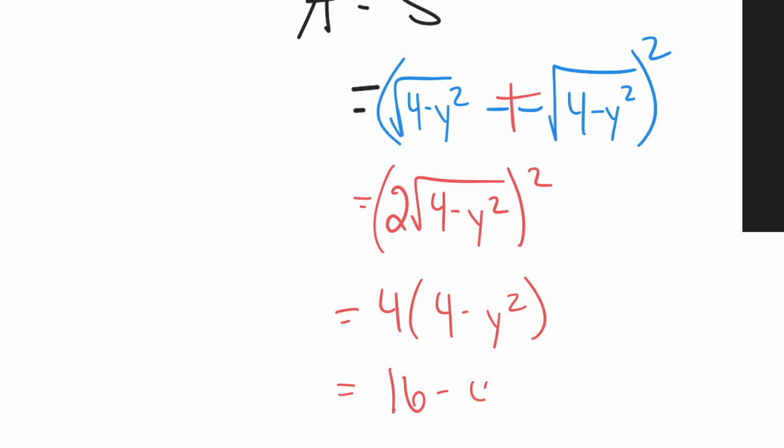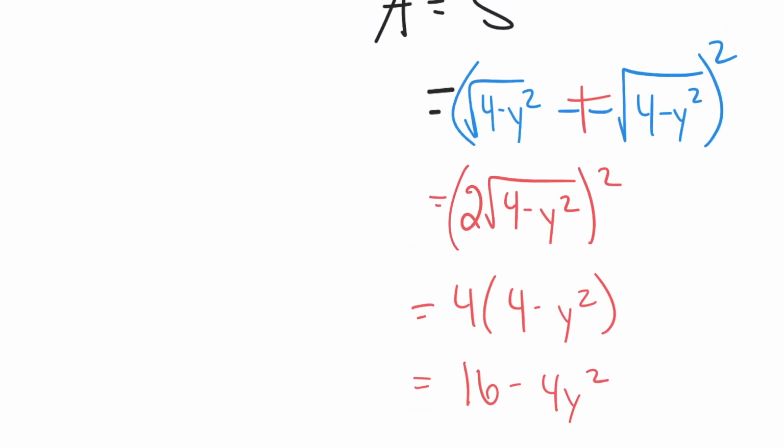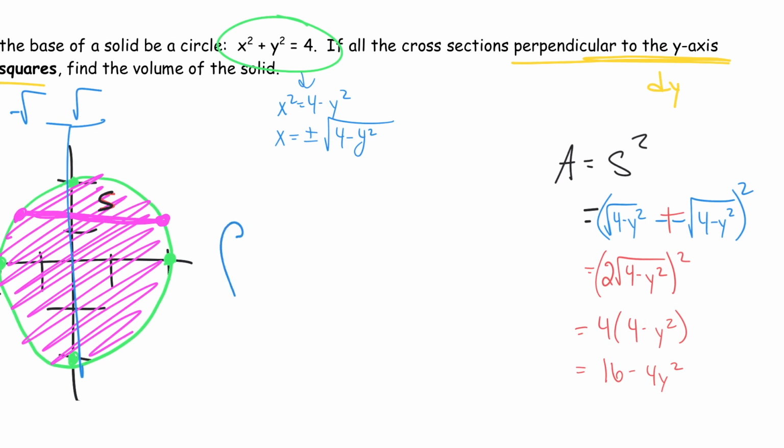So then I get 16 minus 4 y squared. And this 4 comes from the fact that I had to square the 2 because it's not in the square root, but then the square root just cancels out when you square it. So one of these squares has an area of 16 minus 4y squared. So we're going to go back and actually calculate our volume now.